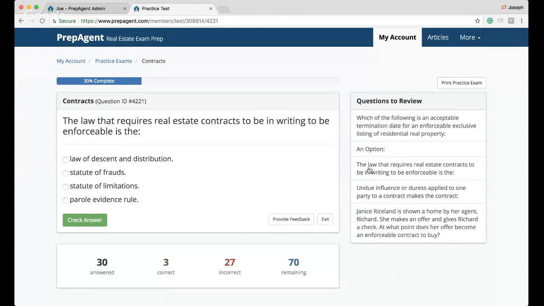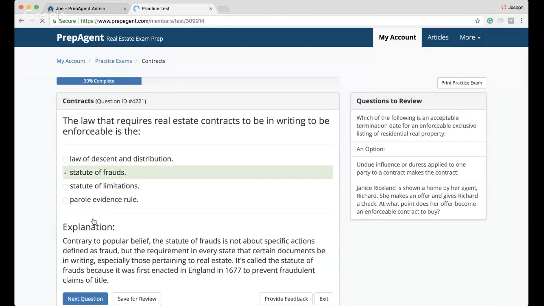The law that requires the real estate contracts to be in writing to be enforceable is the law of descent and distribution, statute of frauds, statute of limitations, parole evidence rule. See what you guys think here. And the answer is statute of frauds. Statute of frauds have to do with writing.